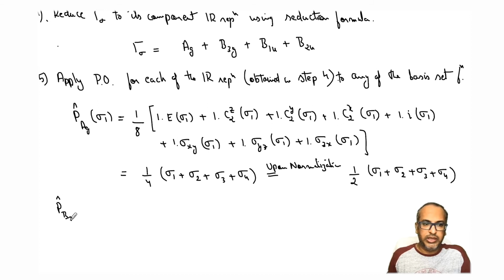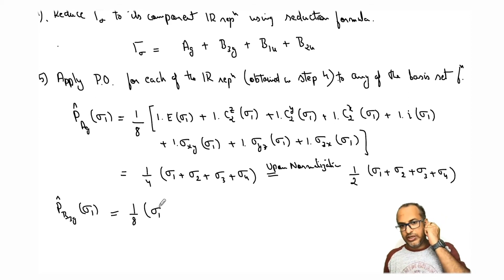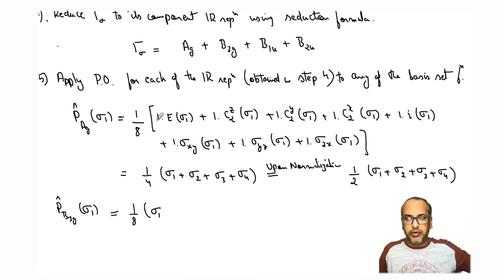So for B3g applied on sigma 1, again, you can choose any of the basis functions over here. Now if I do that, what I get here is, again, I'm not going to repeat all of this, but here you have to read out the characters from the character table, okay?